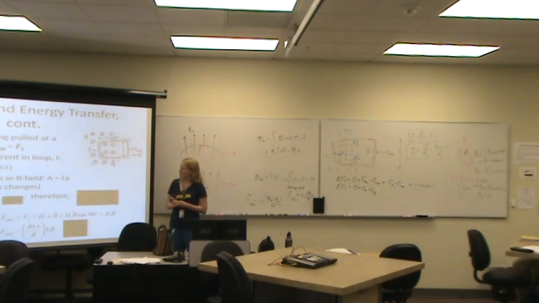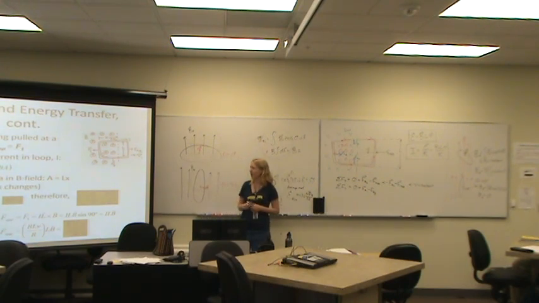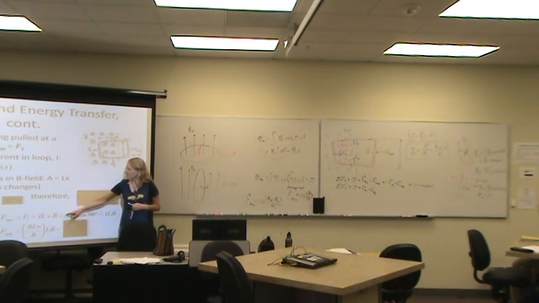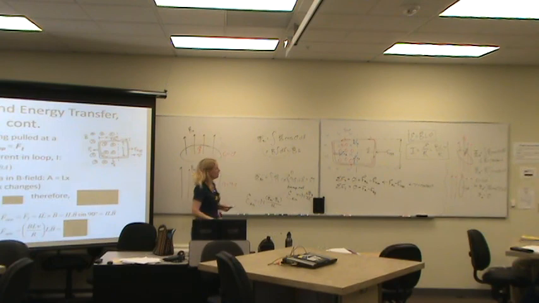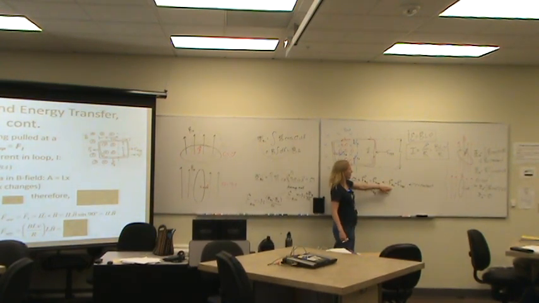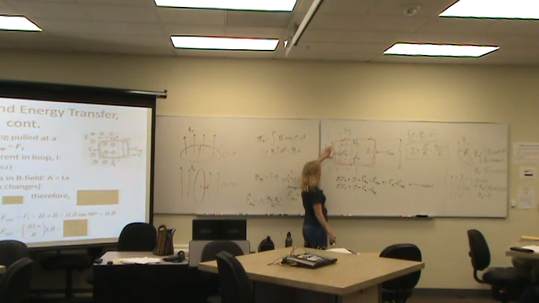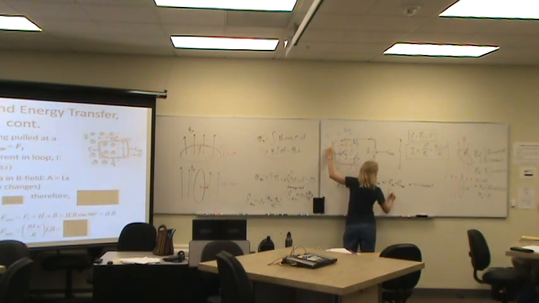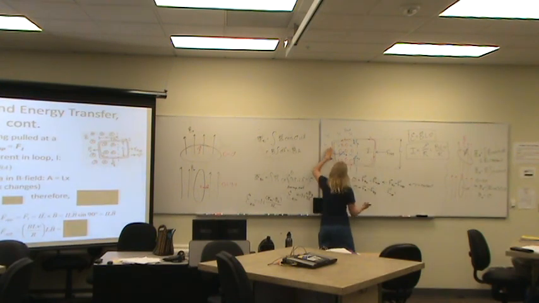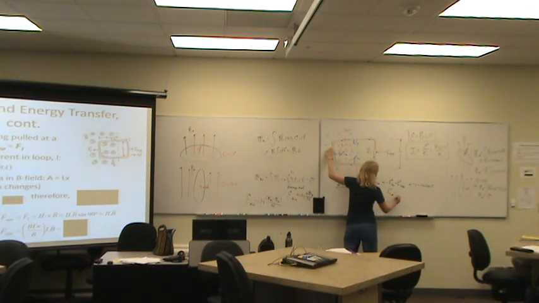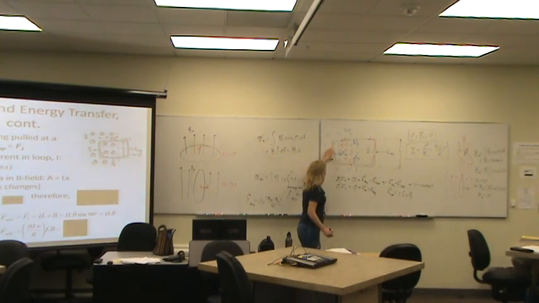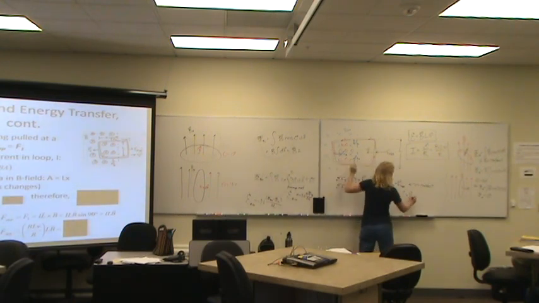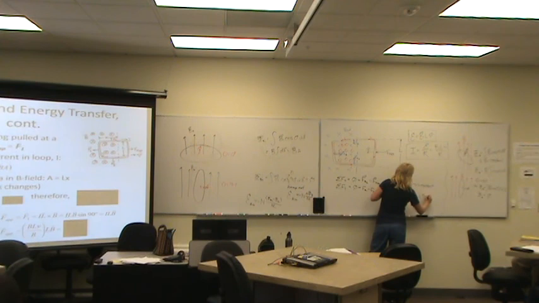And then if we want to know what applied force you're going to be using as you're trying to pull this out of the magnetic field, we can throw that force into our equation from last week for the magnetic force. So our applied force, we said, was equal to the magnetic force on this side of the loop. And the magnetic force on this side of the loop we can get from the cross product, I L cross B. We can write out the cross product as ILB sine theta.